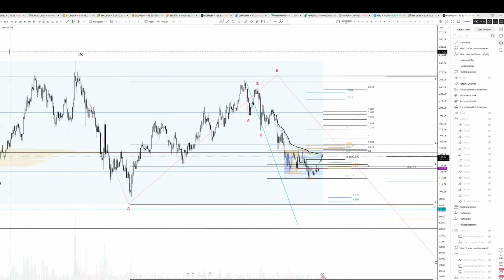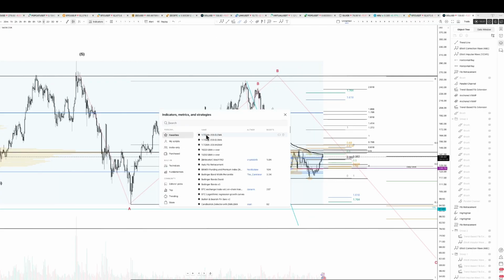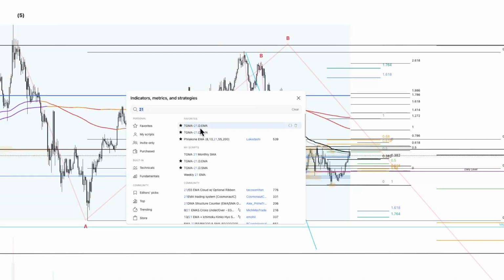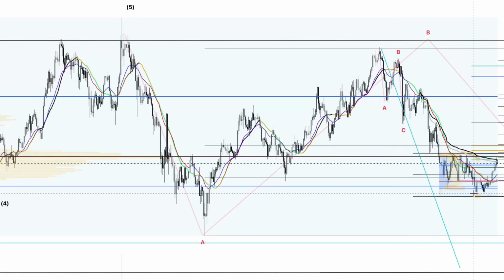Actually, the last part I forgot: moving averages. 200 daily, 200. Okay, that doesn't come into it. 21. Hmm.